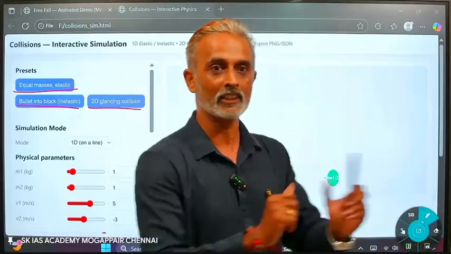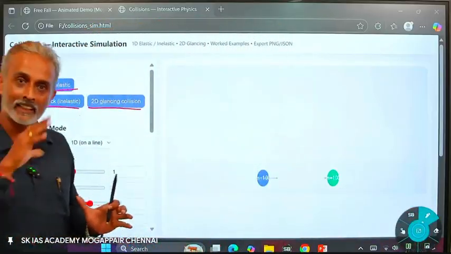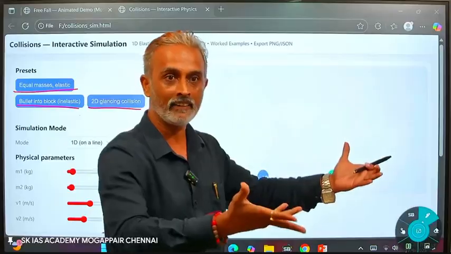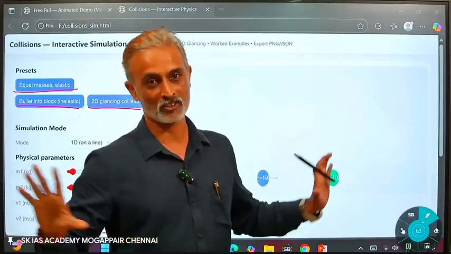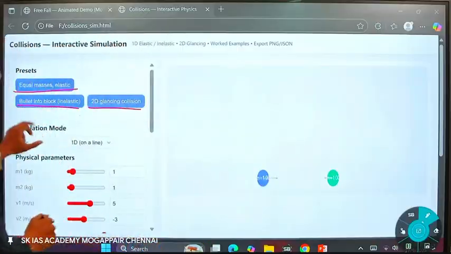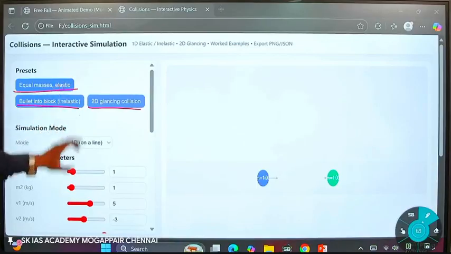Then what is the use of teaching or learning? Teaching or learning means you have to visualize. When you visualize, then you will automatically solve, and all questions will be easy. See, first I am going to discuss the elastic collision. What is the elastic collision? See there.